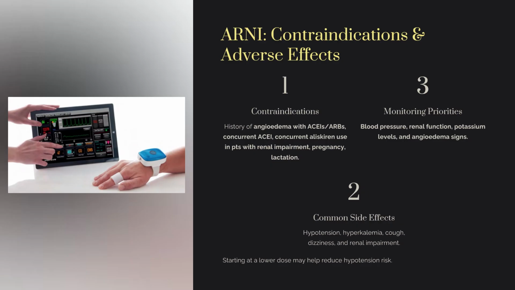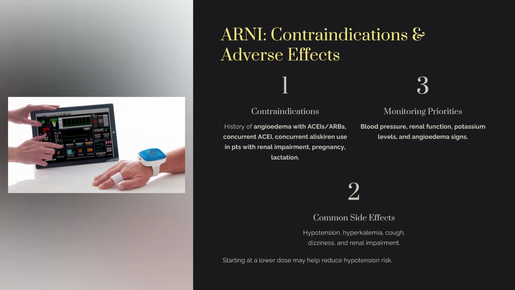While they're taking it, I'm monitoring their renal function, blood pressure, fluid balance, output, potassium levels, as well as angioedema. Side effects that can occur are hyperkalemia, hypotension, cough, dizziness, and renal impairment.